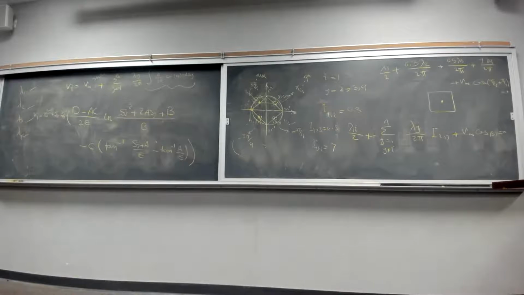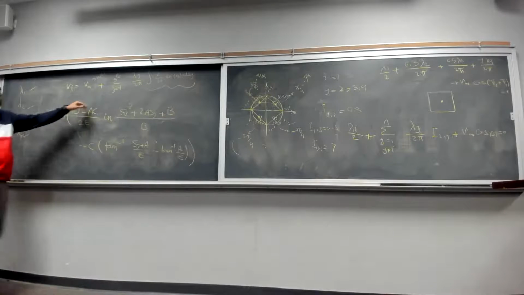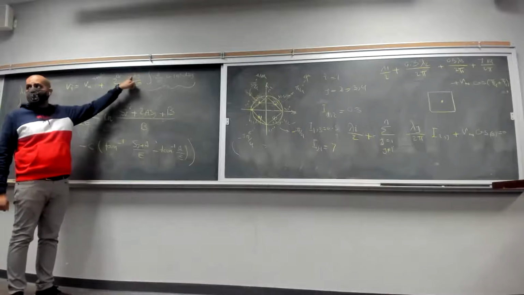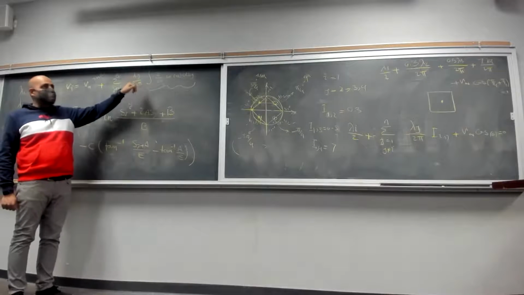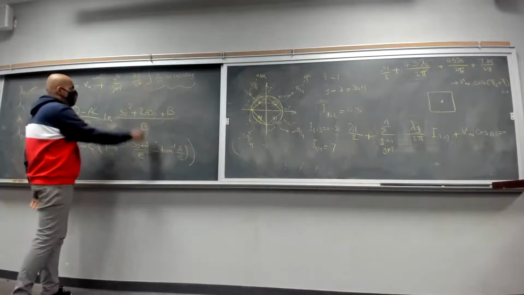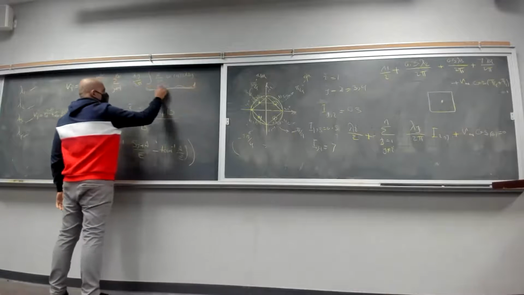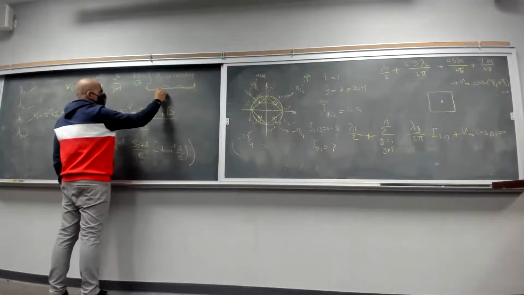So we found the lambdas, we found the strength of the sources. We have another equation, this one. But for this equation, we already have all the lambdas, right? Let's call this integral capital J of i and j.